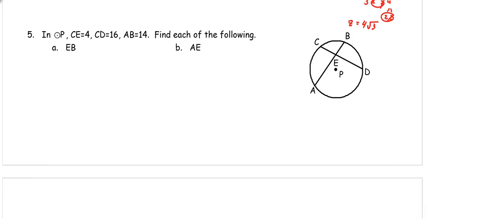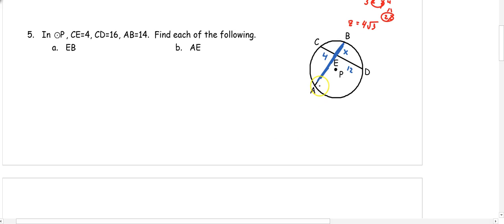Number 5, in circle P, CE is 4, CD is 16. If the whole length is 16 and part of it's 4, we can call this side 16 minus 4, which would be 12. Then we have that AB is 14. If we want to find EB, we're going to call EB x.